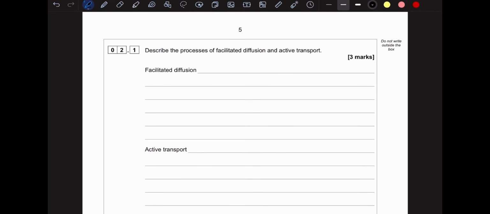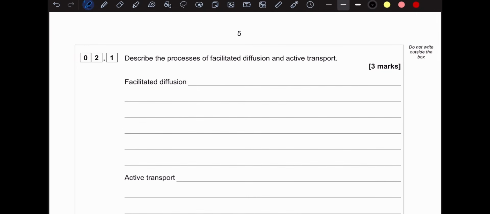Describe the processes of facilitated diffusion and active transport. 3 marks, you should know this pretty easily. Okay, facilitated diffusion is quite similar to passive in terms of it going from high to low concentration, right? You're not moving against the concentration gradient, so it's down a concentration gradient.